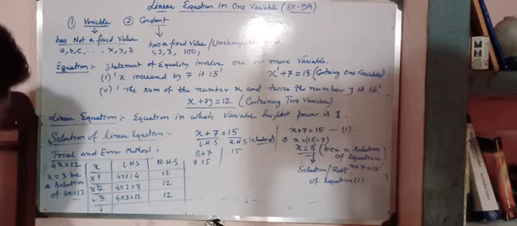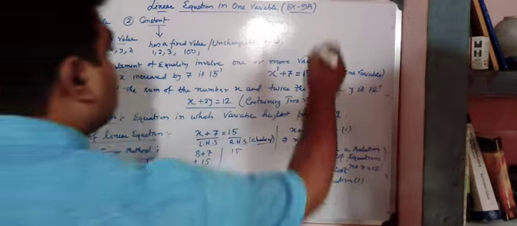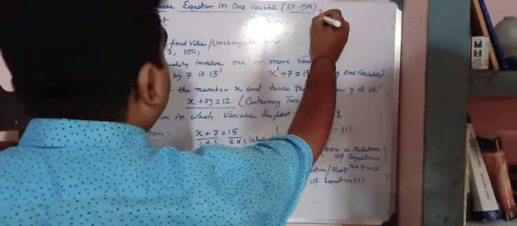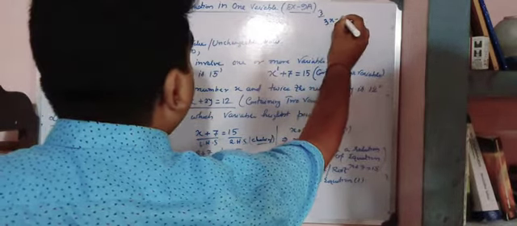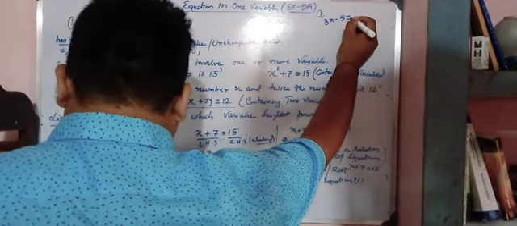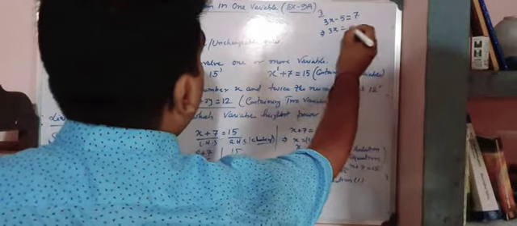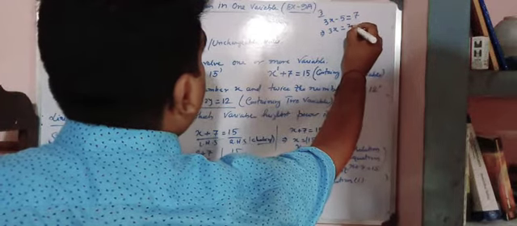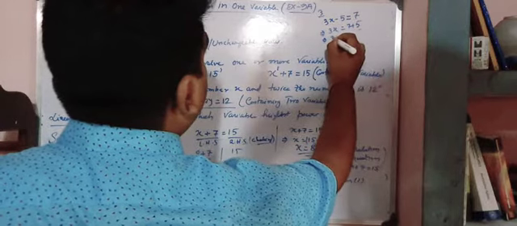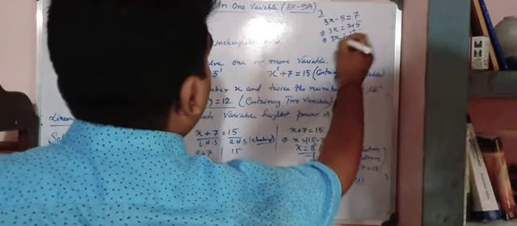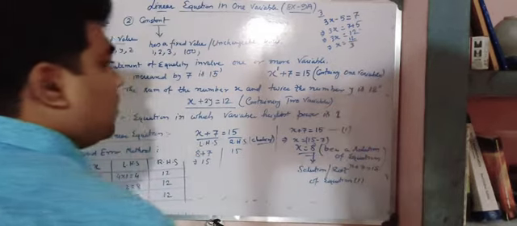The first math question given here, I am doing question number 3: 3x minus 5 is equal to 7. Now from here we get 3x equal to 7 plus 5, that is 3x equal to 12, x equal to 12 divided by 3. Why 12 divided by 3?